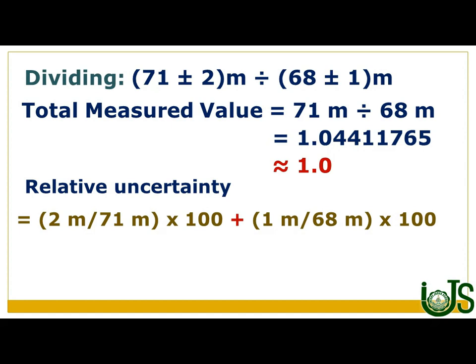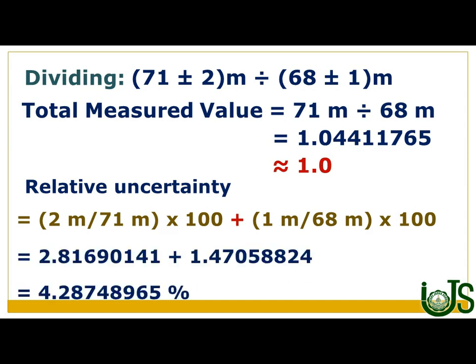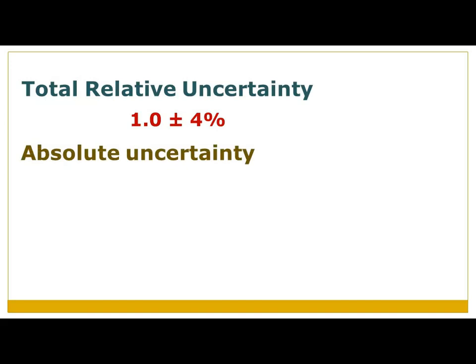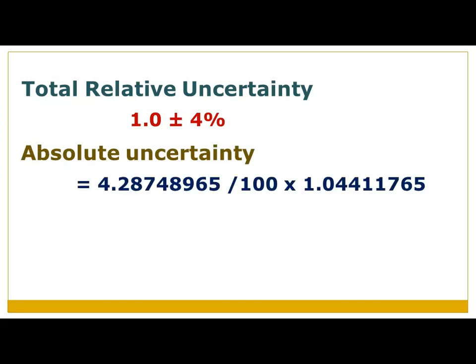Then to get the relative uncertainty, same din sa rules. So since the same lang yung given natin na measured values at uncertainty, your relative uncertainty will still be equal to 4%. So the total relative uncertainty will be 1.0 ± 4%.